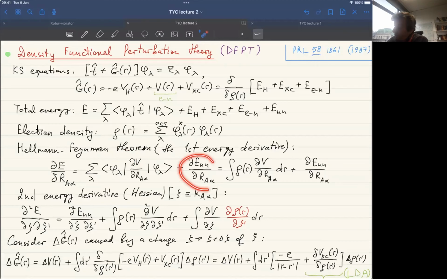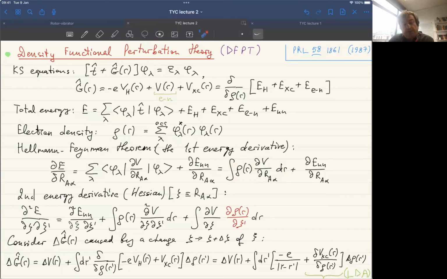And you have this nuclear-nuclear interaction term contributing, which is just some function of the atomic positions. It doesn't depend on electronic density. But that term does. So if you write it down as the integral, you see you have the derivative of the potential integrated with the electronic density.